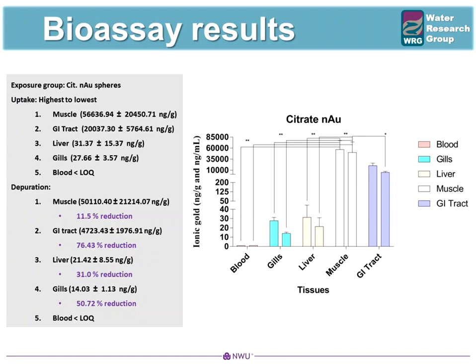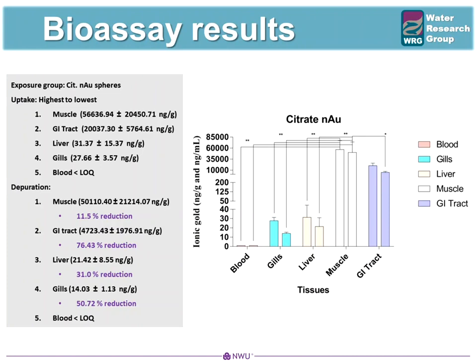The large reduction that occurred in both treatment groups within the GI tract is most likely due to the metals or nanomaterials complexing with intestinal matter, becoming too large to be absorbed and later on being excreted. The liver, on the other hand, underwent a reduction.